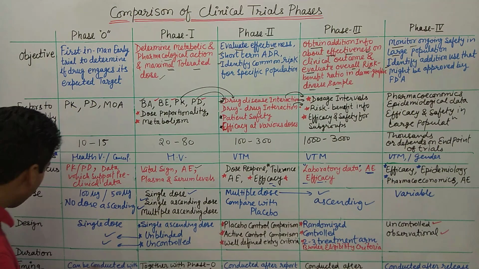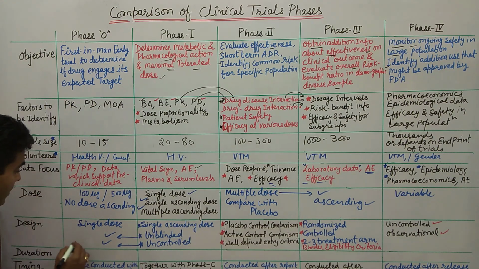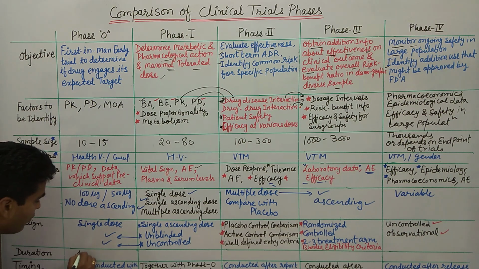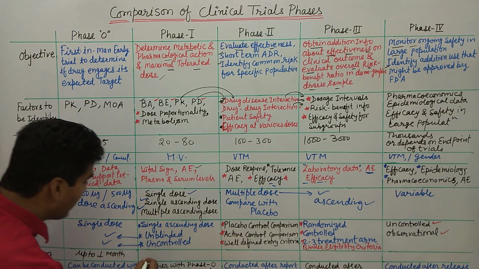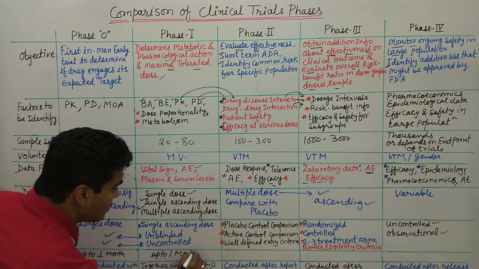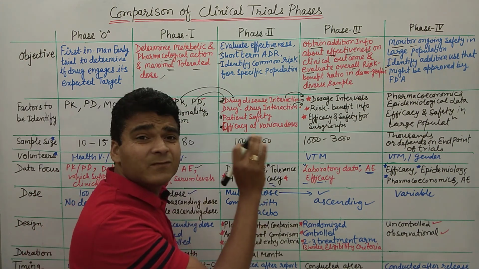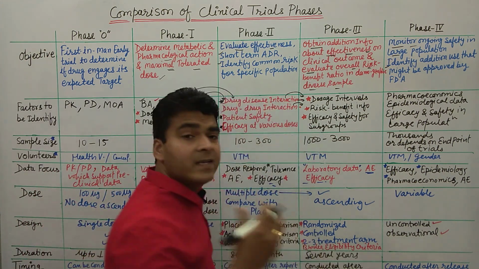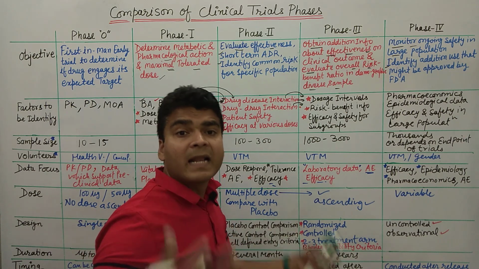Then if you are talking about the duration, for how long these trials run. Phase 0 is up to 1 month, or generally 15 days to up to 1 month. Phase 1 is also up to 1 month, phase 2 is for several months, phase 3 is for several years, and phase 4 is generally ongoing because it starts after the marketing of the drug.